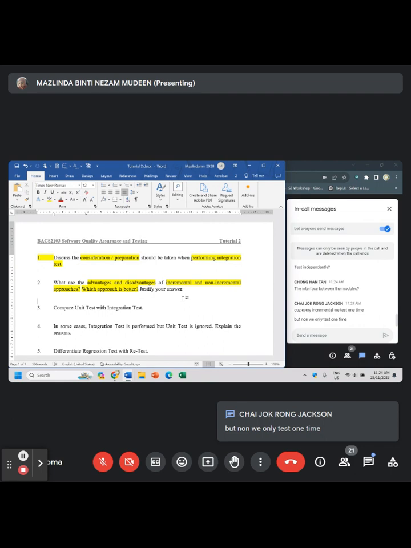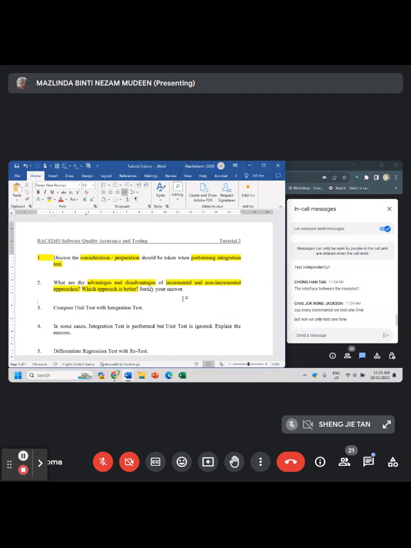these modules will be integrated earlier. They will be integrated in a small sizing based on the strategy we want to use, compared to non-incremental, where the whole module will be tested as an individual independent module, and it will only combine together as a whole system.